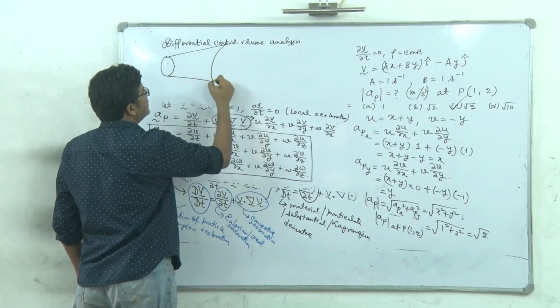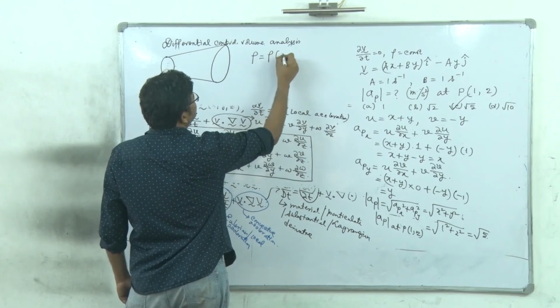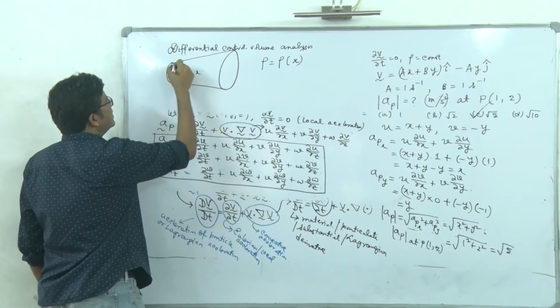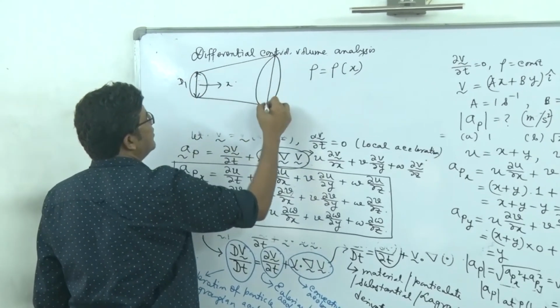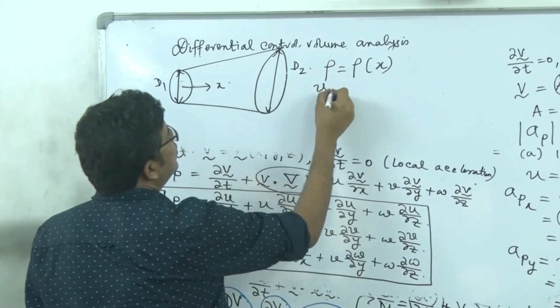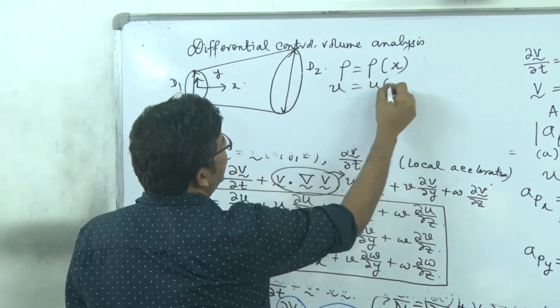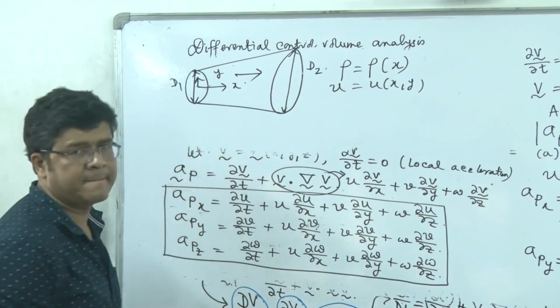I have a diverging channel and rho is given as some function of x, and this is the x direction, right? And this is diameter d1, this is diameter d2, it is given. So this is x, this is y. U will also be some function of x and y if the flow is taking place in this direction.